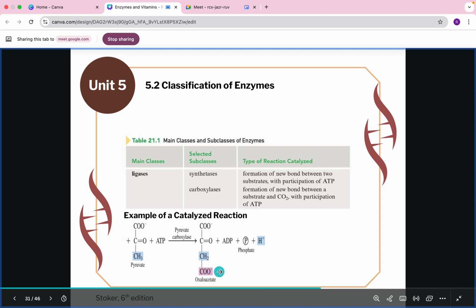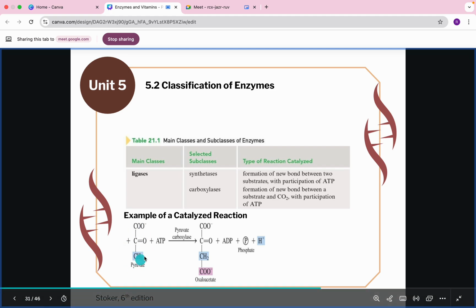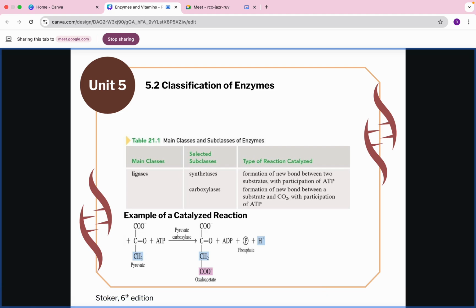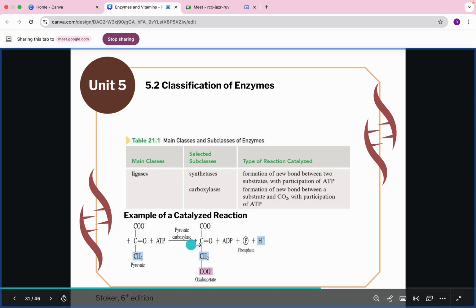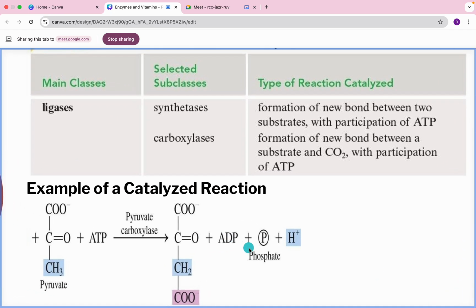As you can see here, the carbon dioxide isn't shown, but it is actually a formation of a bond between pyruvate and carbon dioxide, which is probably a byproduct from the previous metabolic reaction. So let's zoom in a little bit.